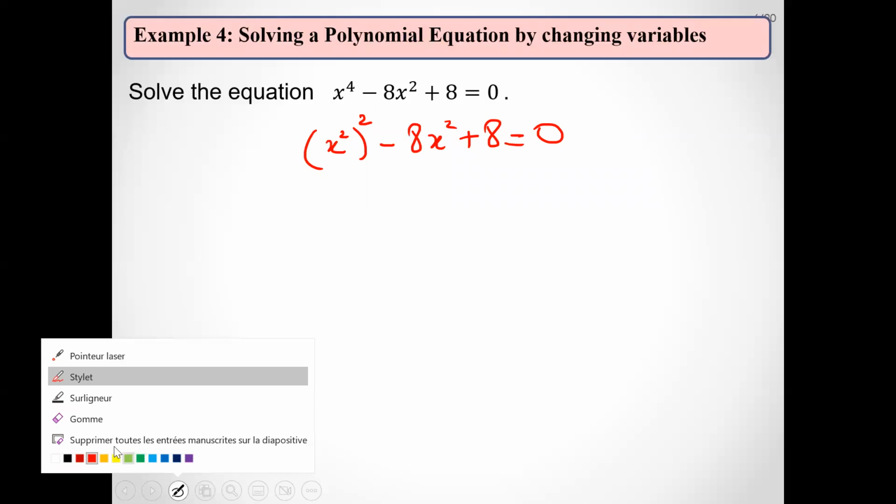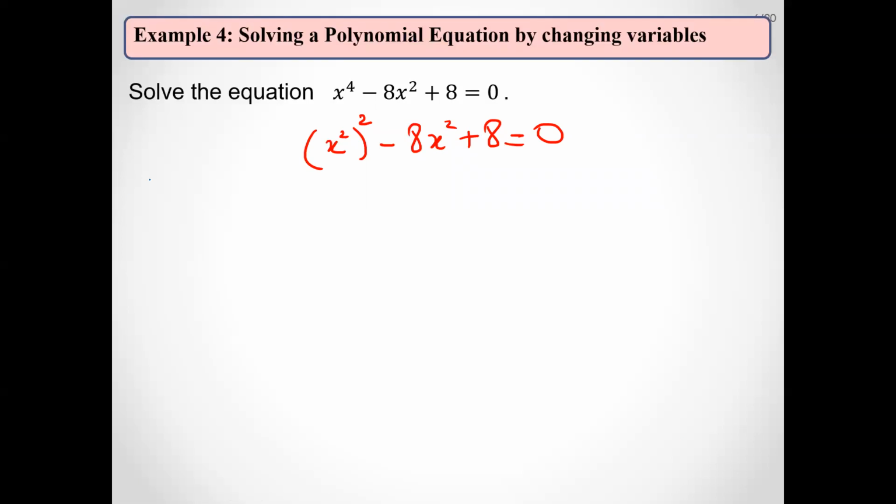So we make what we call a change of variables, which means that we introduce a new variable that was not present, y for example, and it must be a different symbol so we don't get confused. If we have x we take y, if we have y we take z and so on.